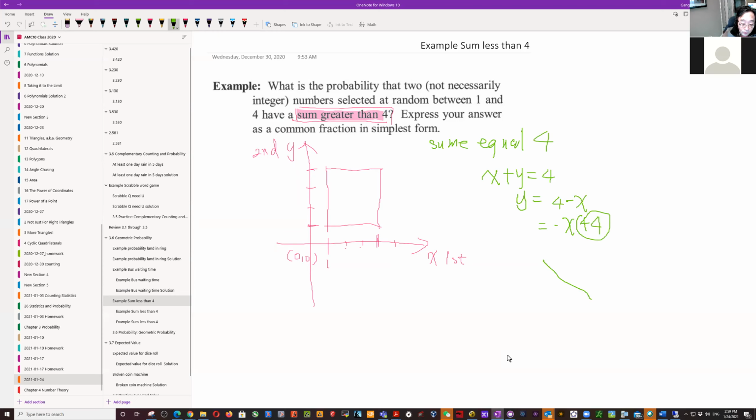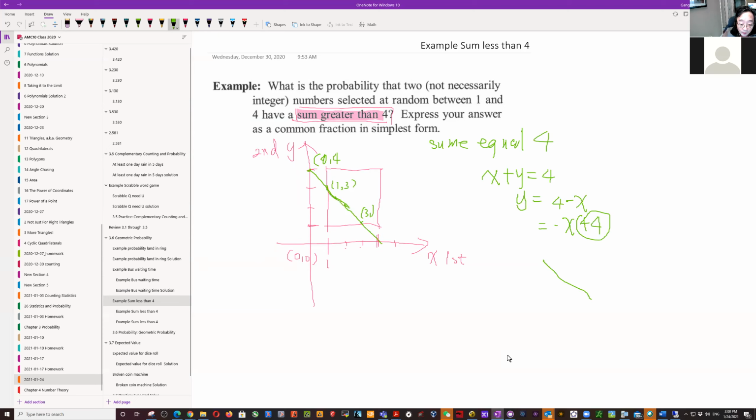So 1, 2, 3, 4. The intercept is here and the line goes down this way. This is 4, 0; 3, 1; 2, 2; 1, 3; and 0, 4. So it's going to look like this.